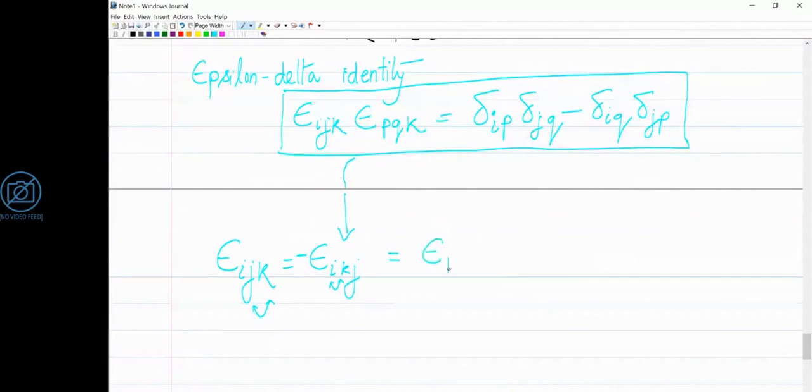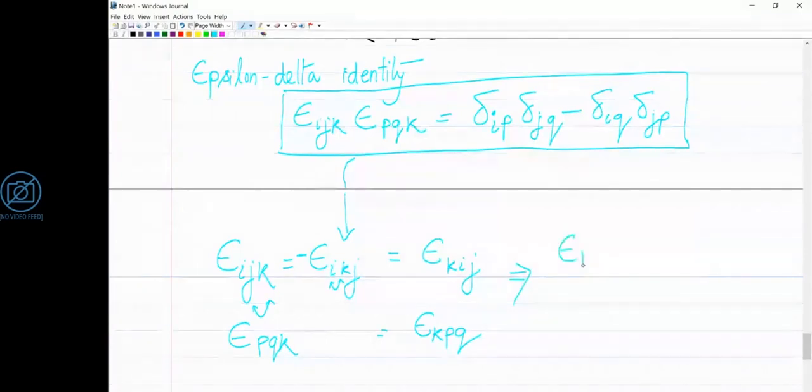And if you flip these two again, then you get one more minus and it becomes epsilon kij. And likewise, epsilon pqk is the same as epsilon kpq.